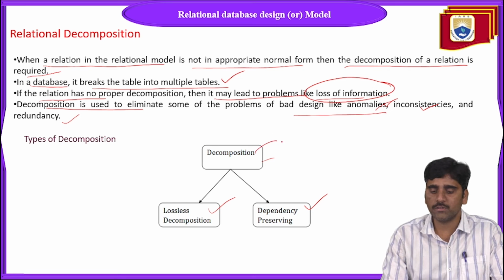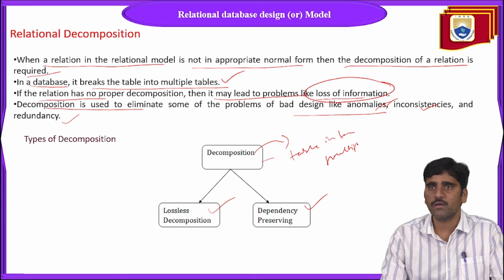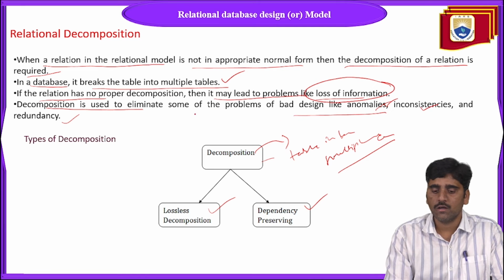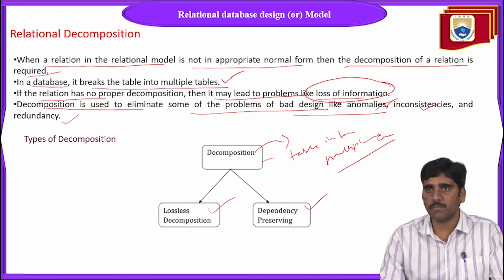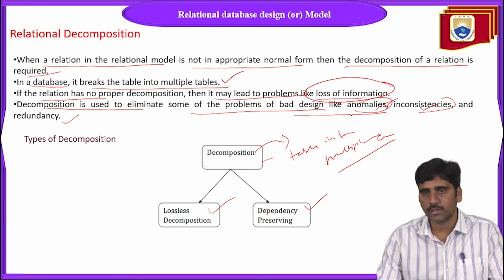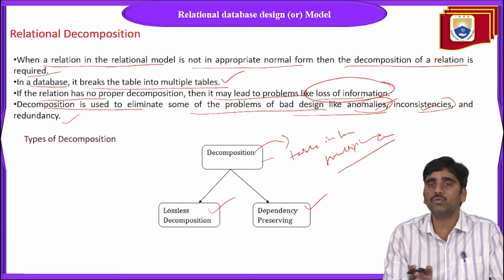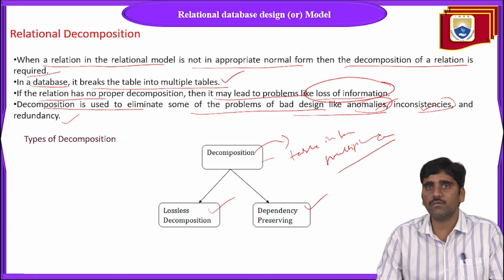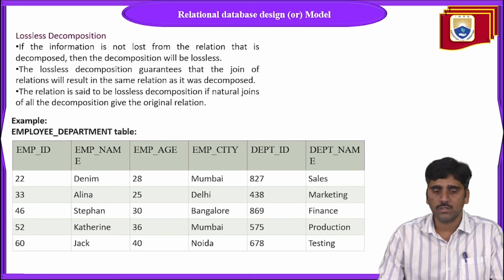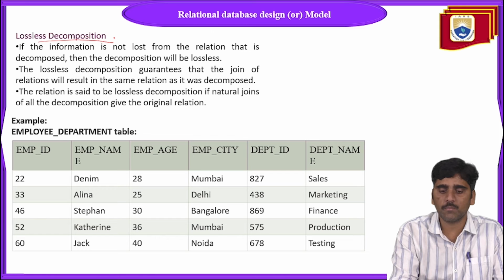Decomposition is the table being divided into multiple tables. Why are we dividing? To avoid problems of bad design like anomalies, inconsistencies and redundancy of the data. So to avoid all these things, we have to decompose the tables. The first one is lossless decomposition.